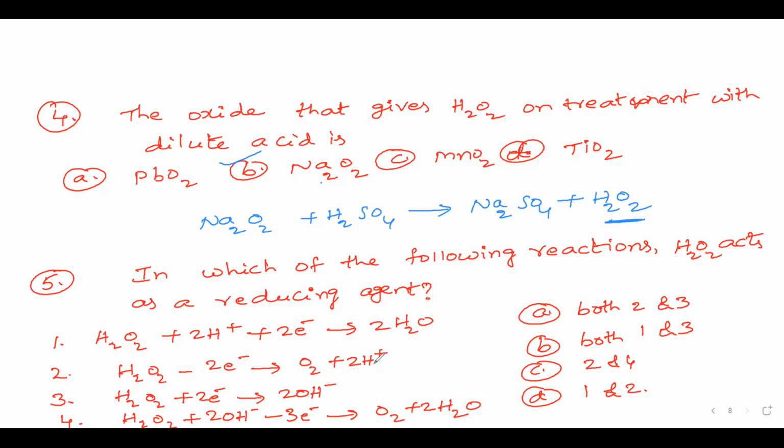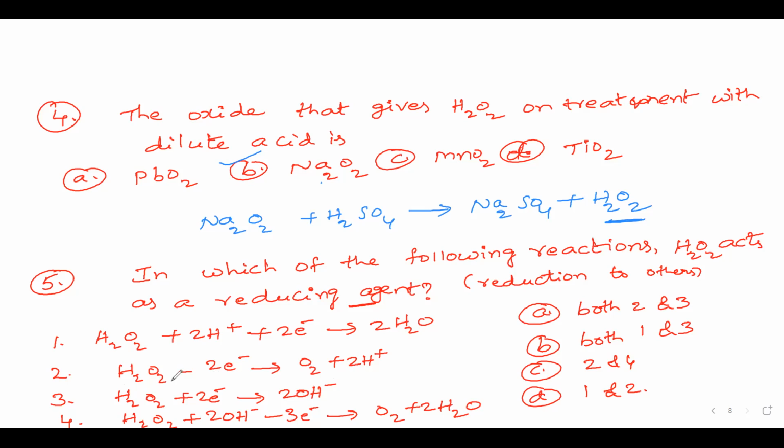Reducing agent means it brings about reduction to others and itself gets oxidized. Sorry, I said oxidation at first, but a reducing agent brings reduction to others and itself gets oxidized. So let us see now.